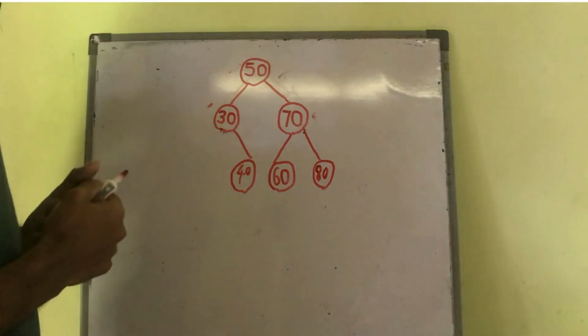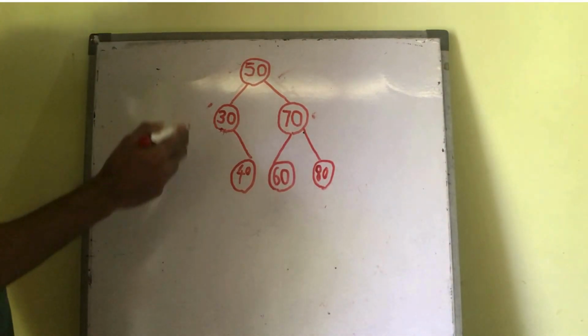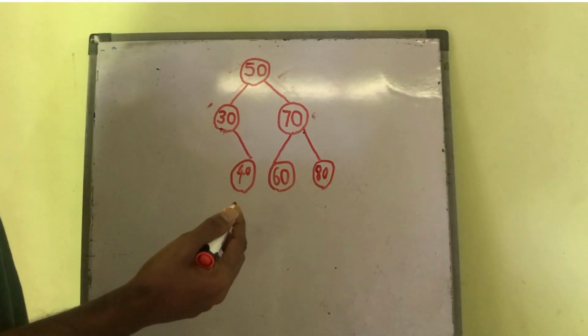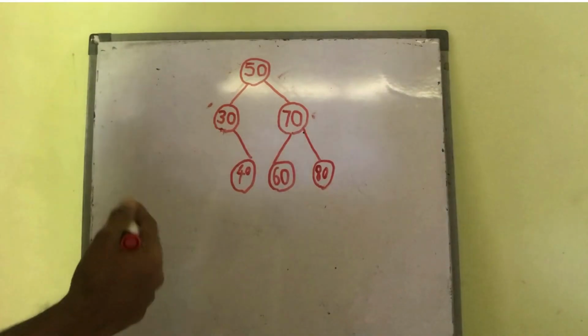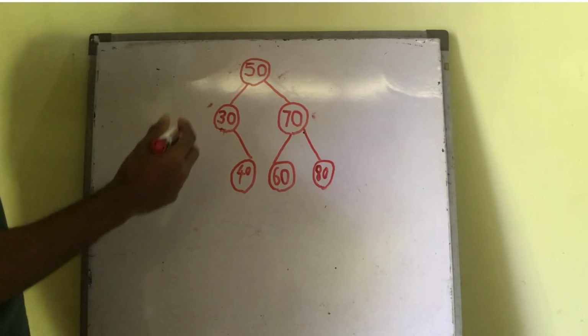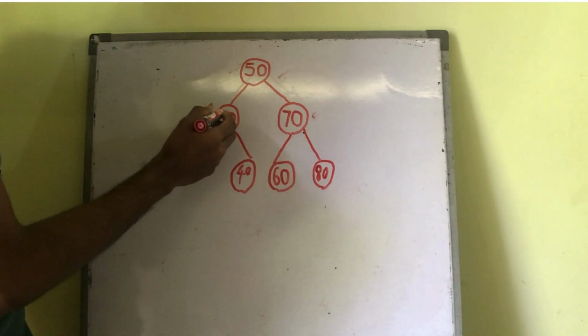Now I am going to explain case 2. Case 2 is when the delete node has one child. Now I will show you how to do that. I am going to choose the 30 node to delete.